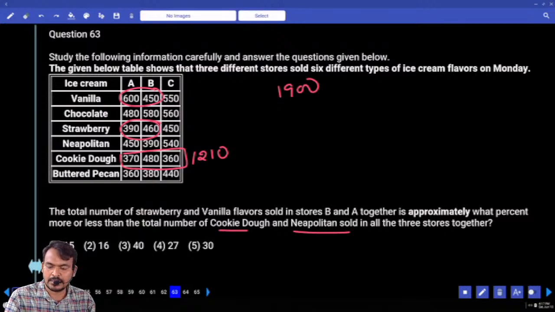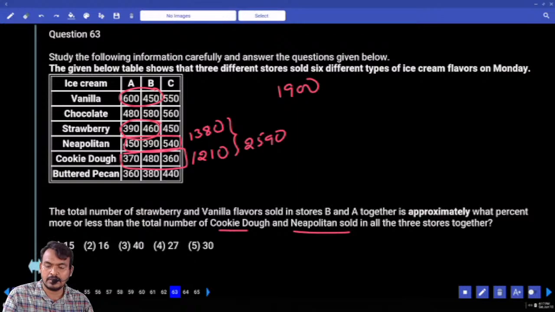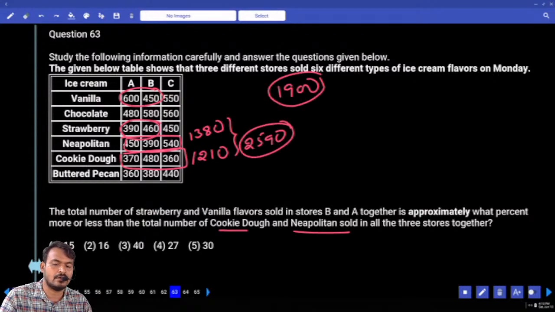1210. Next, Neapolitan 450 plus 390 and 540. 450 plus 390, 840 plus 540, 1380. What is the total value? 2590. Percentage either more or less. Compared to 2590, 1900 is lesser.